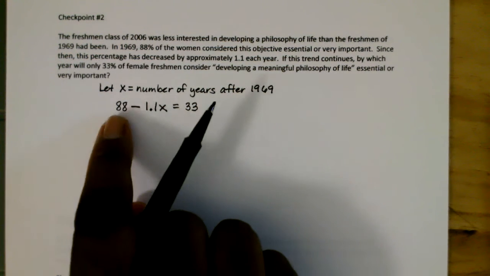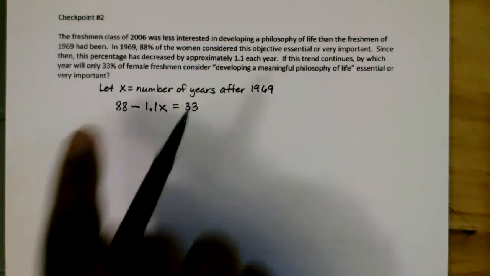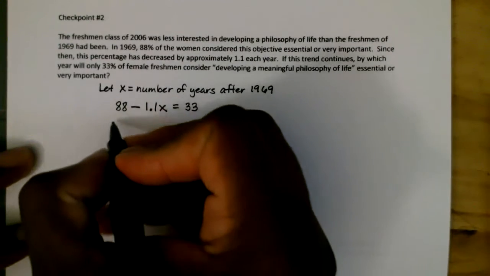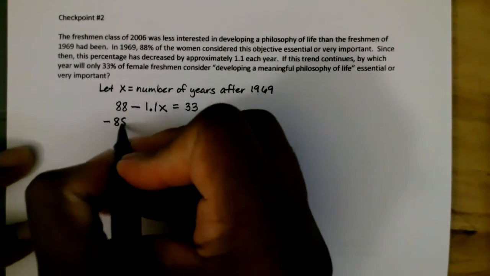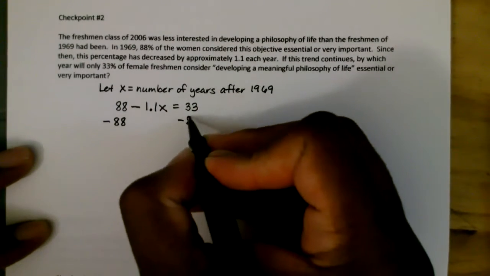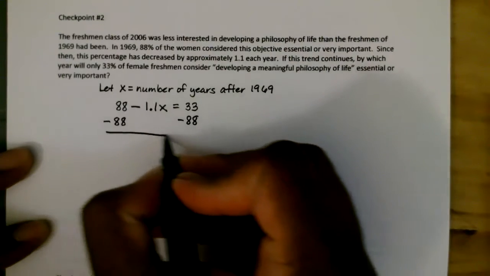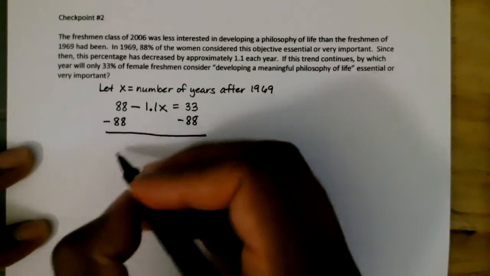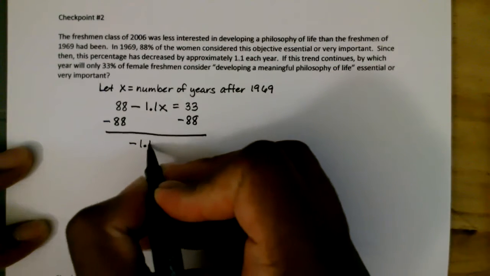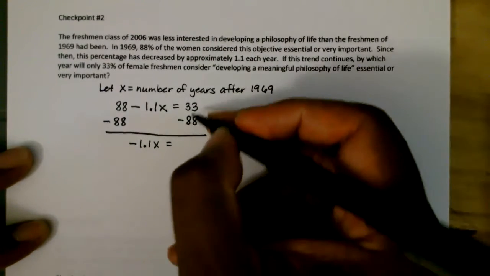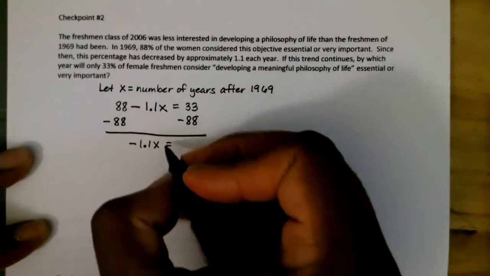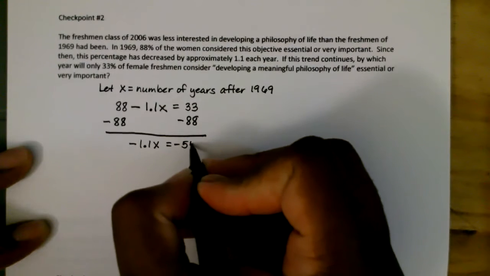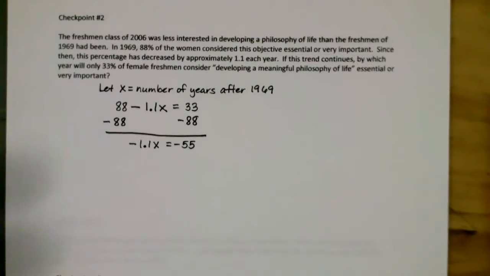So in this case here, I have a positive 88. So the opposite of a positive 88 would be negative 88. So in essence, I'm going to subtract 88 on both sides. And when I do that, I'm going to bring down the negative 1.1x. That's equal to 33 minus 88. That will be negative 55. So I get negative 1.1x equal to negative 55.